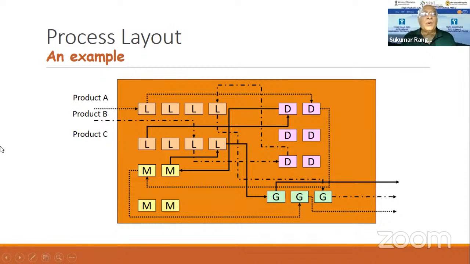So product A travels, suppose this dotted line, from lathe 1 to drilling machine 2, it doesn't need grinding, it goes to the milling machine, and from there it comes to the grinding machine and then comes out.